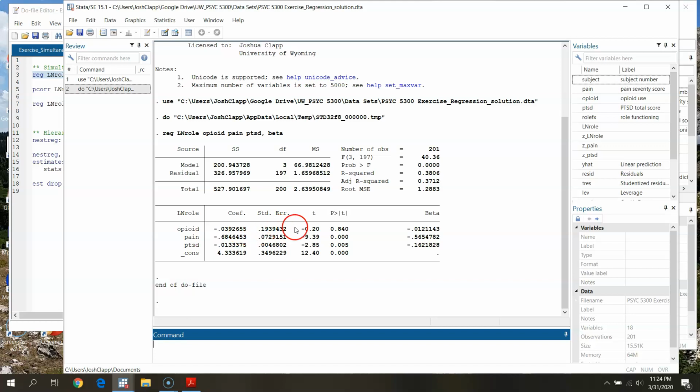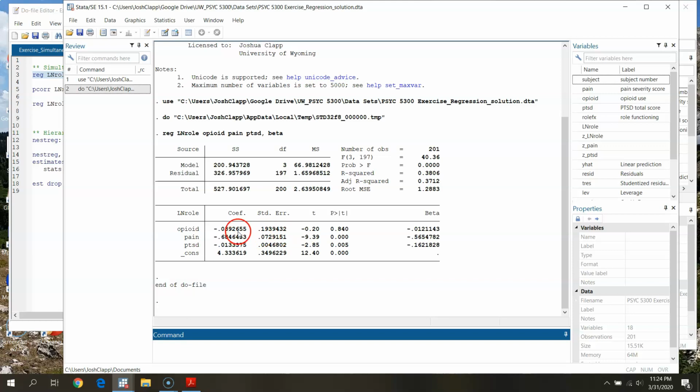But if we look at our test statistic, it's quite small, our p-value is quite large, and so we really wouldn't make any sort of interpretation of this at all. Really, these data are inconclusive on whether or not opiate use holds any type of unique association with our outcome, and so we probably wouldn't do much in terms of interpretation here.